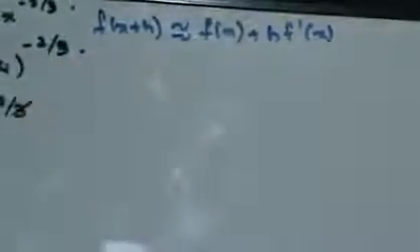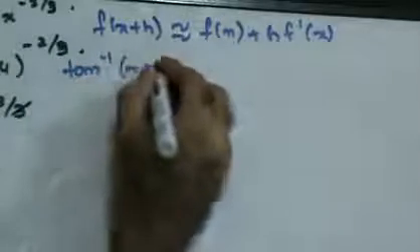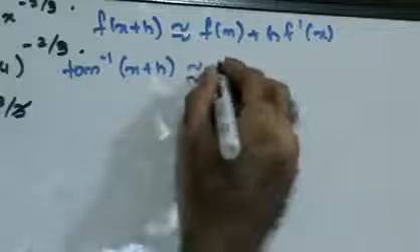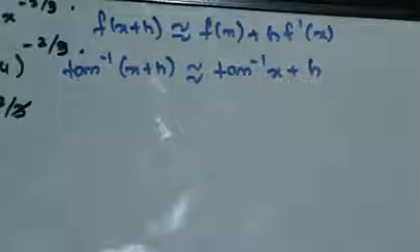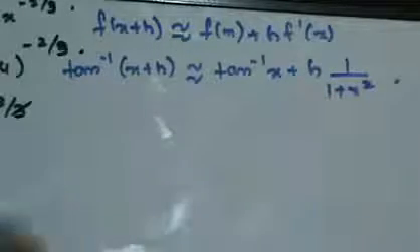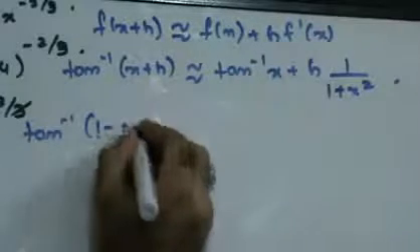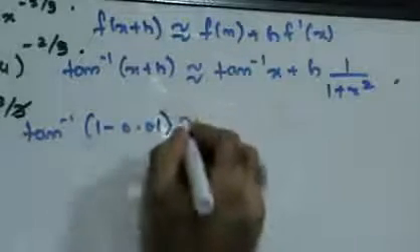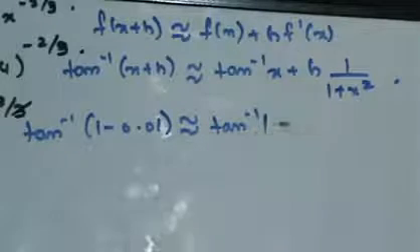So in that case I can say tan inverse of x plus h is approximately equal to tan inverse of x plus h times 1 upon 1 plus x square. Substitute the values. Tan inverse of 1 minus 0.01 is approximately equal to tan inverse of 1 plus h.